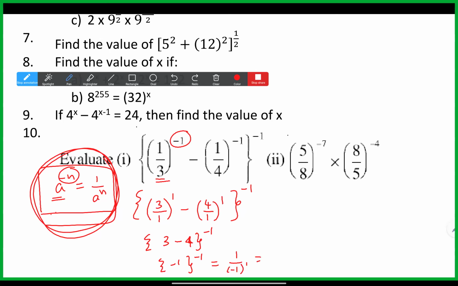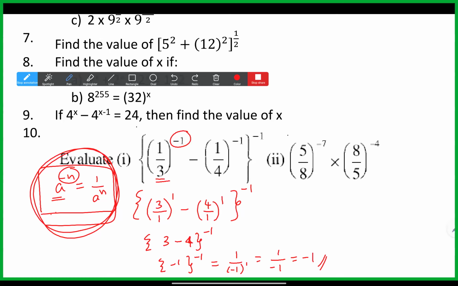This 1, if you don't write also, finally it is 1, because 1 power 1 means it is the same number. So 1 by minus 1 is simply negative by positive. 1 by 1 means 1; 1 by minus 1 is minus. The reason is if you divide any positive with negative, it is a negative answer only. Any doubt in this? No, sir. The answer is minus 1.